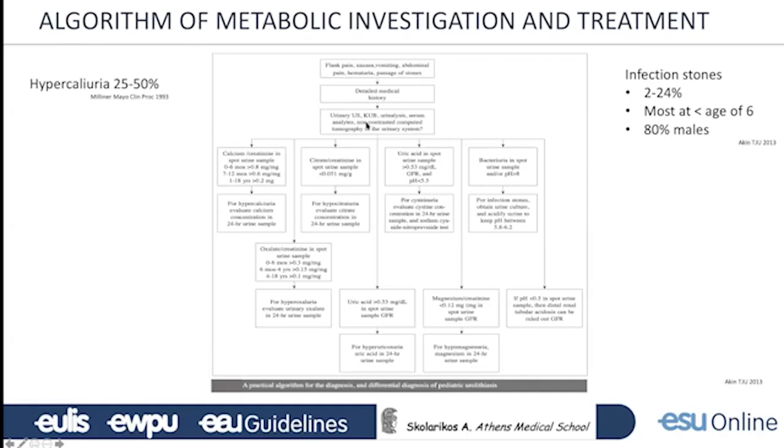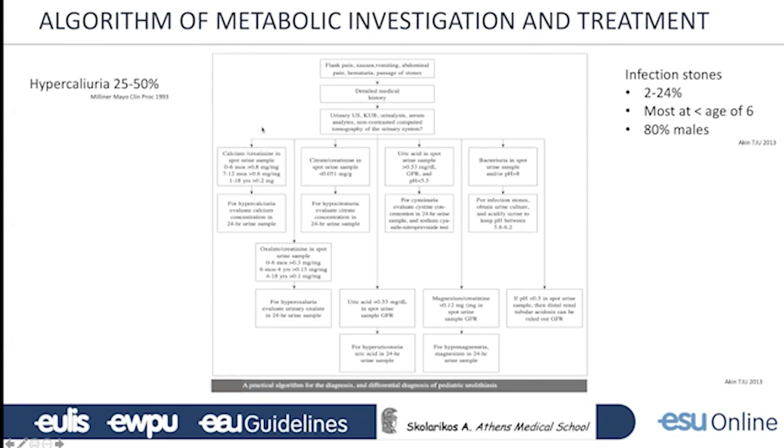And of course, we perform an ultrasound, which is the initial exam for kids. KUB and non-contrast CT scan are not forbidden, but should be very well thought about before we perform it.